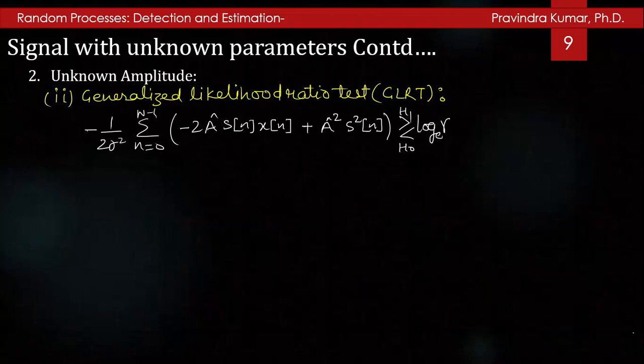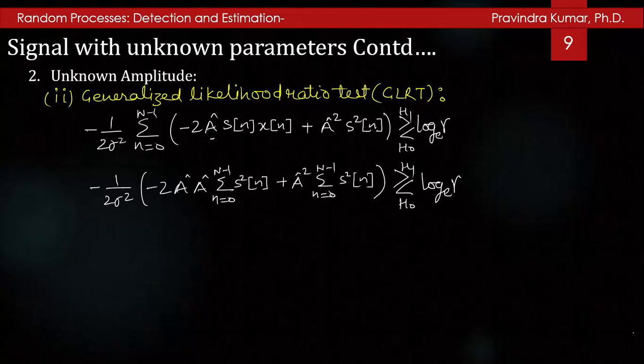So you can write the log likelihood ratio as 1 by 2 sigma squared summation n=0 to N-1 of minus 2 A hat s[n]x[n] plus A hat squared s squared[n], greater than or less than log gamma.